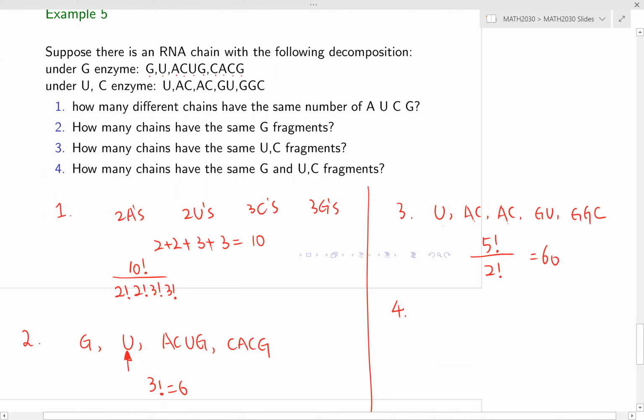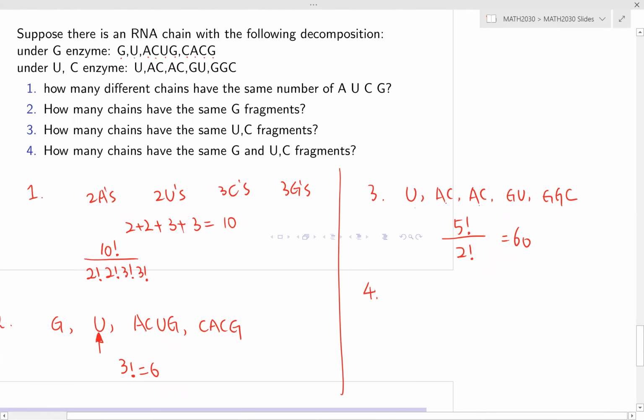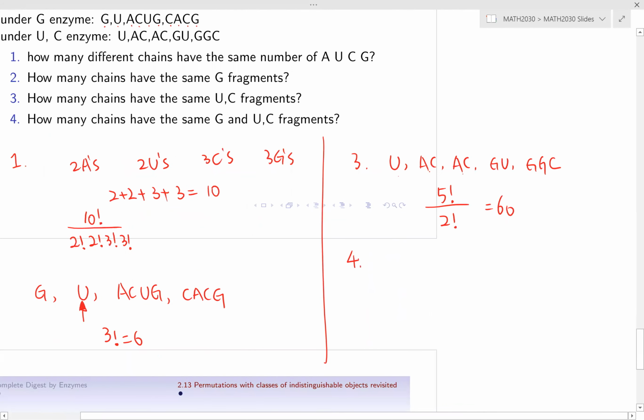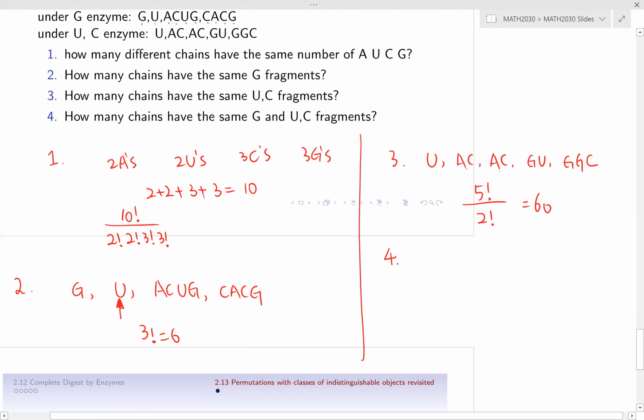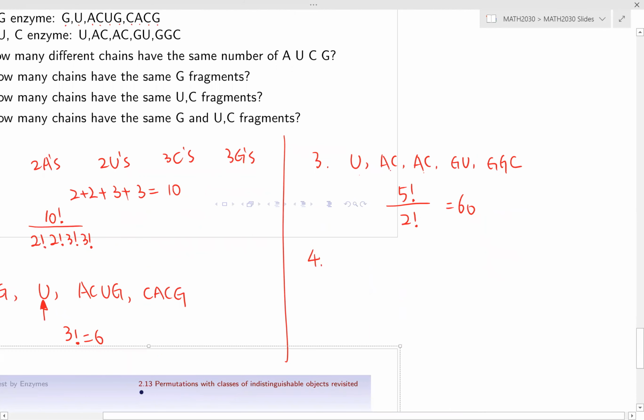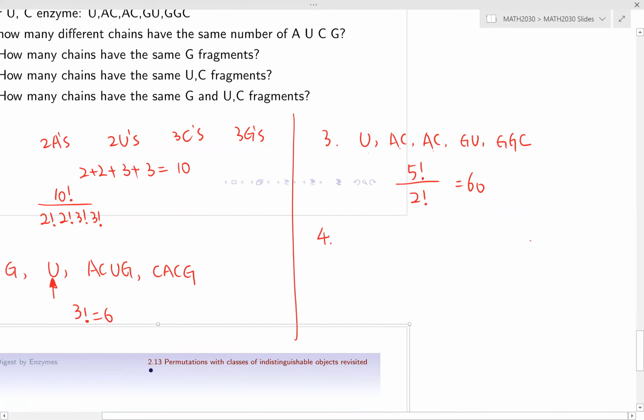Okay, part 4. We want to combine now the second part and third part. How many chains have the same G and UC fragment? Well, in this question, I think it's better for us to list all the possibilities in part 2 because we have fewer choices there. So let's do that. And remember, U always shows up last. So U is here.